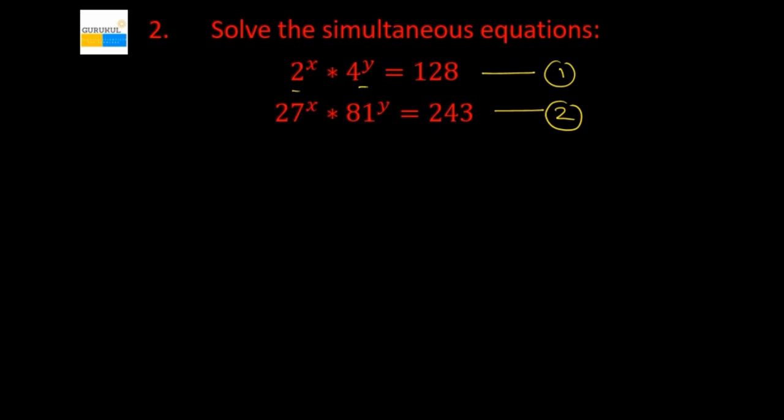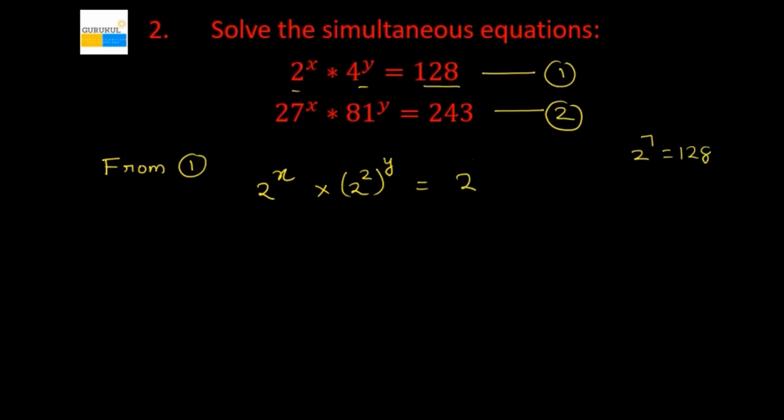From equation 1, you can write it as 2 raised to the power x times 2 raised to the power 2 raised to the power y equals 128, which can be expressed as 2 to the power 7.